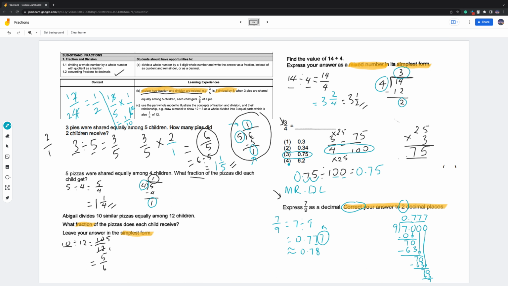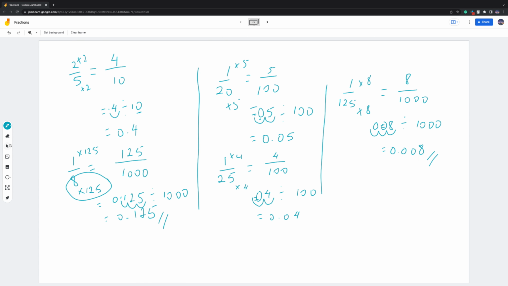Okay, so what happens if, let's say, the number is 0.298. You're going to round off or correct to 2 decimal places. You look at this, 8 is going to round up. 9 plus 1 is 10.